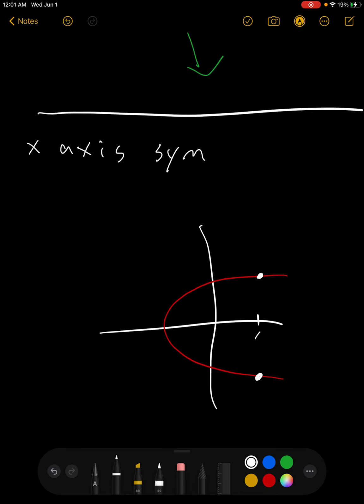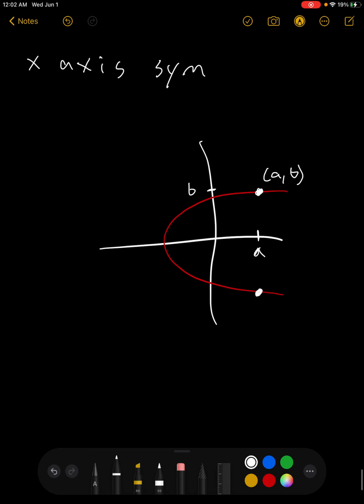So that'd be some x value. Let's say that's when x equals a. And here, let's say y equals b. So this point here on the graph is (a, b). Well, then this point here would be (a, -b). So that's sort of the picture we have with x-axis symmetry.